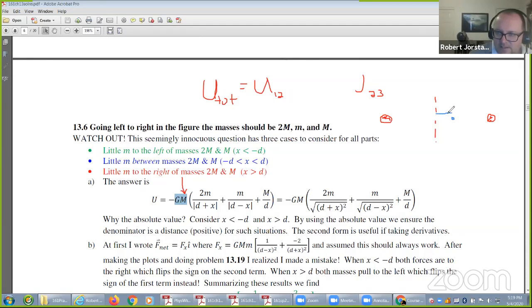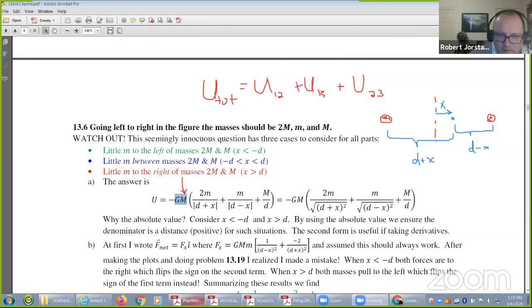So we said this distance was x. And you might be saying, isn't this distance just d minus x? And you'd be right. And isn't this distance here d plus x? Yeah, usually, most of the time. But watch out. We got to read carefully. Let me go over to the other problem really quick.